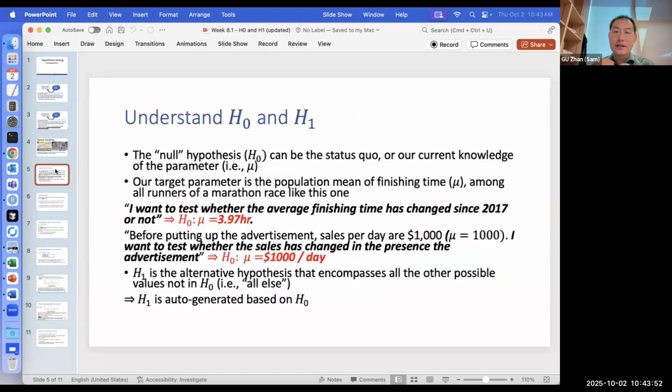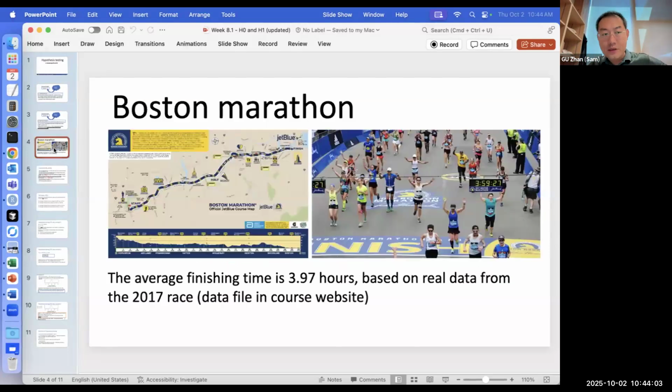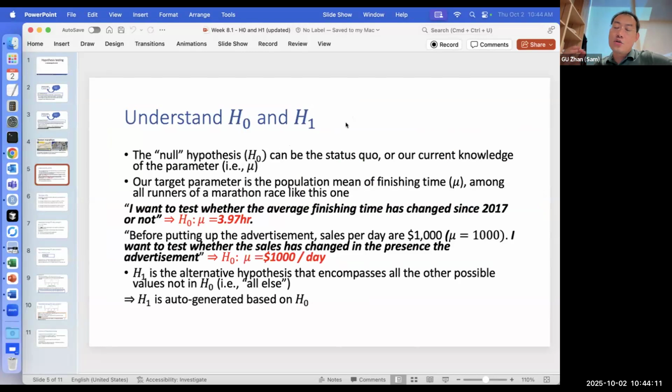Here the null hypothesis generally means the status quo. Nothing has changed. That means in 2019 the average hour for the marathon athlete to complete is still maintained at 3.97. So this is H0. And H1, the alternative hypothesis, will be something of our interest in general, so it may be reduced to 3.6.